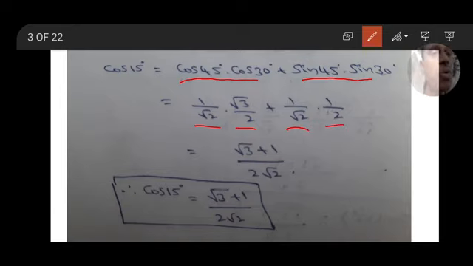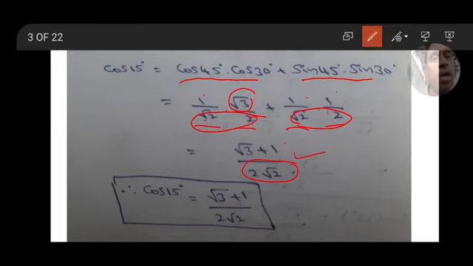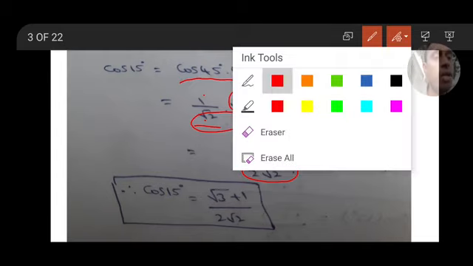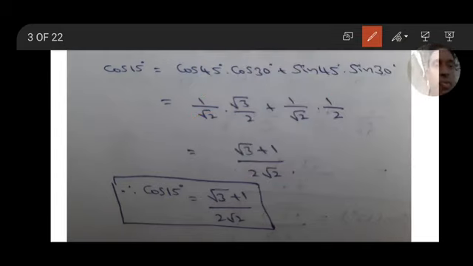The denominator is the LCM 2 root 2, and we get root 3 plus 1. So cos 15 equal to root 3 plus 1 by 2 root 2. Remember this value. Sin 15, in the previous class we discussed, is root 3 minus 1 by 2 root 2.